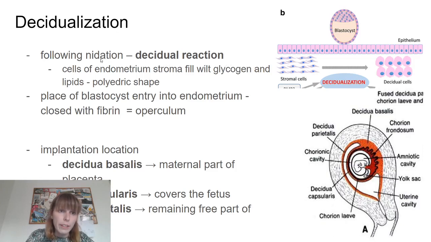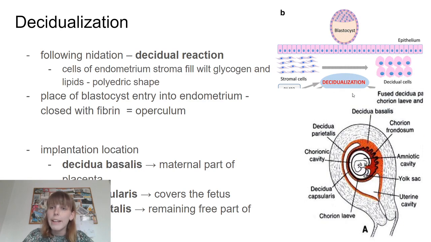So following the nidation, so the landing of the blastocyst and it going through the surface into the uterine wall, the epithelium and all the cells of the endometrium will start to change. And what will happen? The cells will sort of swell. So here on the left you have stromal cells. Stromal cells in the endometrium are a special type of fibroblasts.